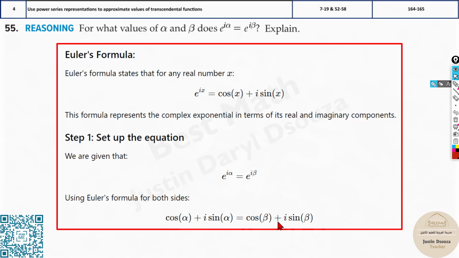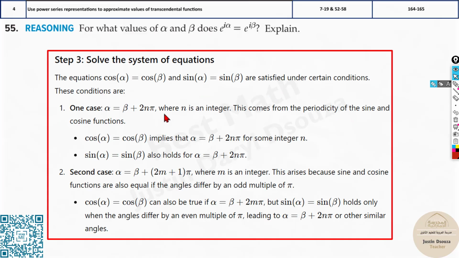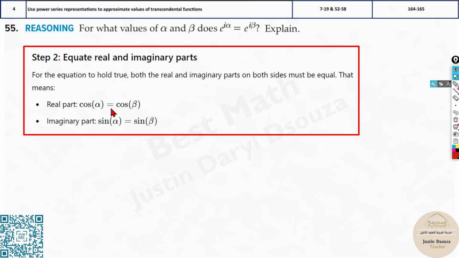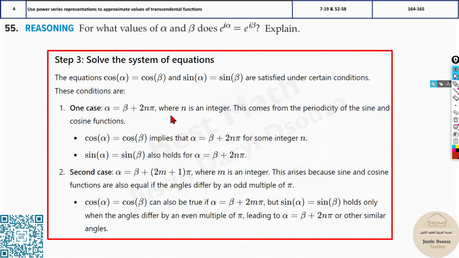But what happens? Cosine and sine functions, when do they repeat themselves? At 2 pi, right? So here you can see the real part is cosine alpha equals cosine beta, and sine alpha and sine beta is the imaginary part. And what we need to remember over here is alpha is equal to beta at every 2 pi.